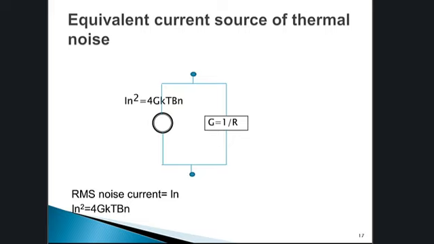Here, we take In square, that is the RMS noise current, to be 4GkTBn instead of 4RkTBn, where G is the conductance, that is equal to 1 by R. So a current source in parallel with the conductance will give you an equivalent current source of thermal noise.